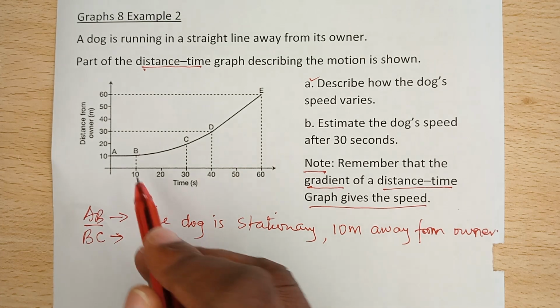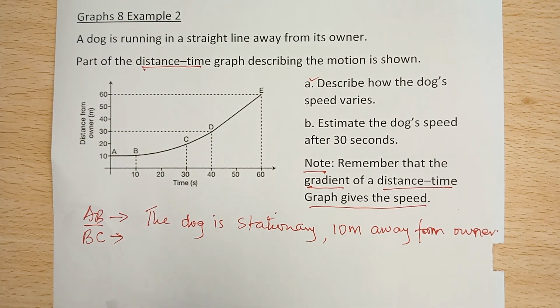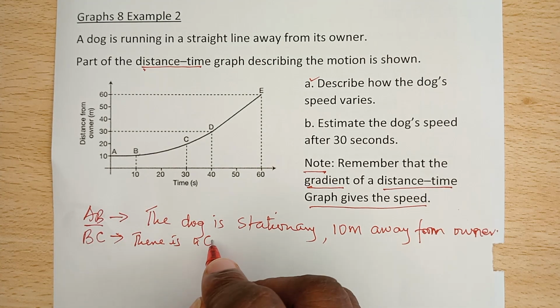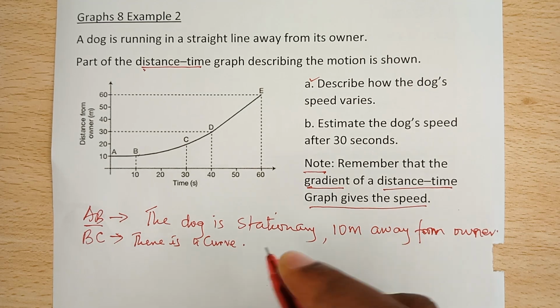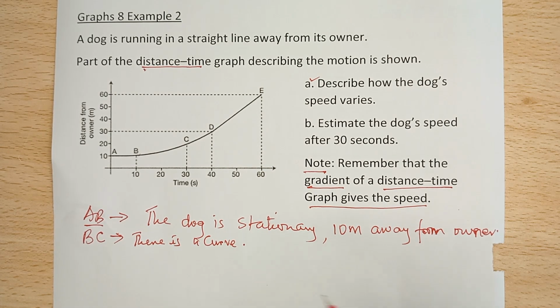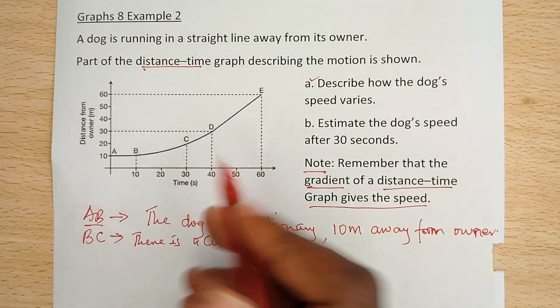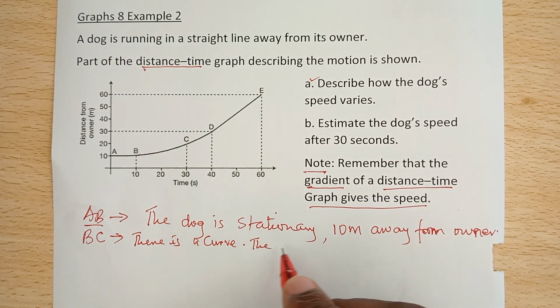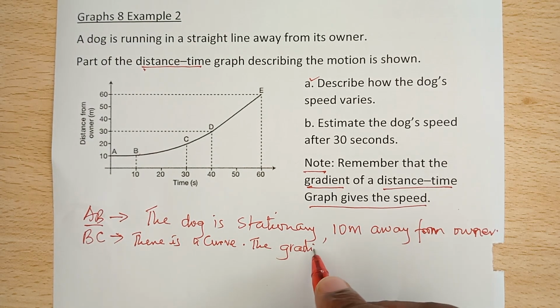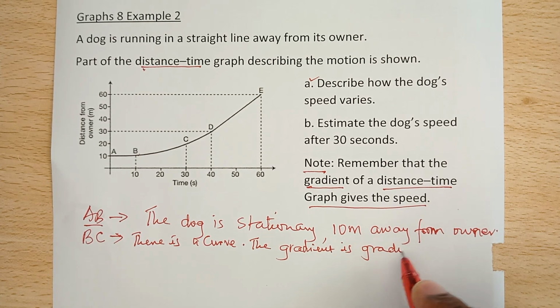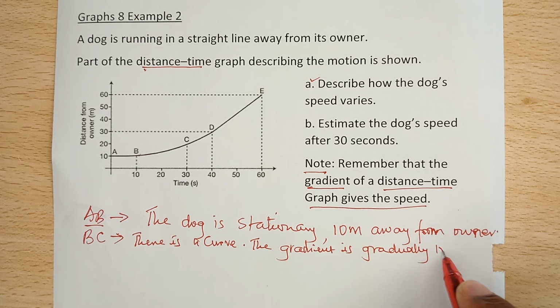It's not a straight line. What does the curve mean? The gradient is gradually increasing between point B and D.